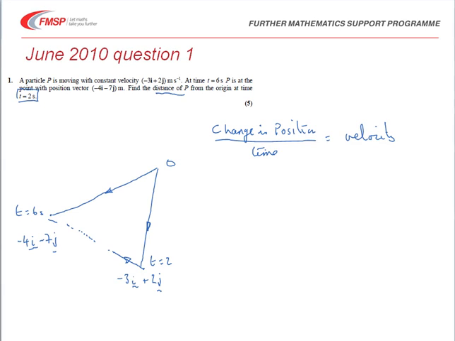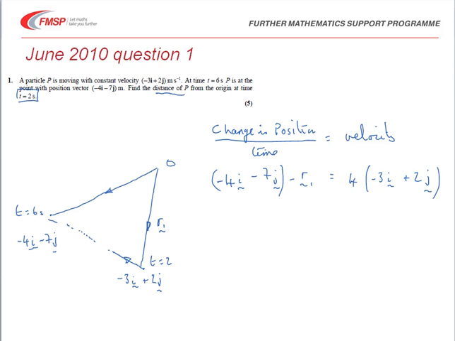So that tells us that negative 4i minus 7j minus that position vector at time 2, let's call that R1, its first position, is equal to 4 multiplied by the velocity, and the velocity is negative 3i plus 2j.